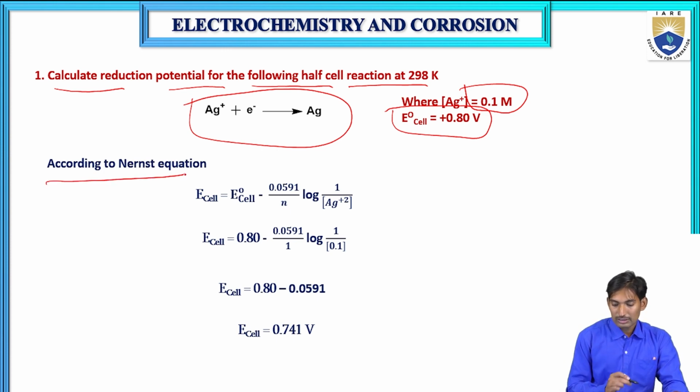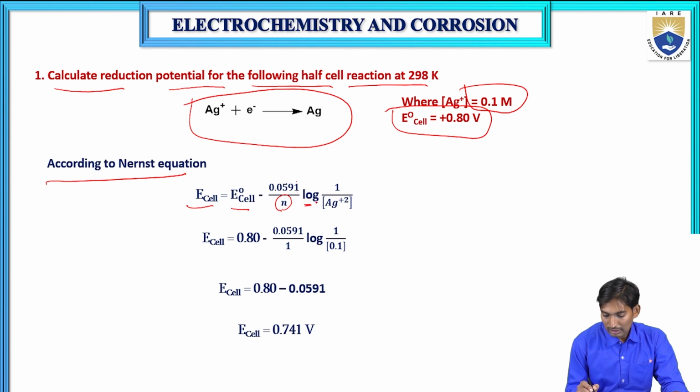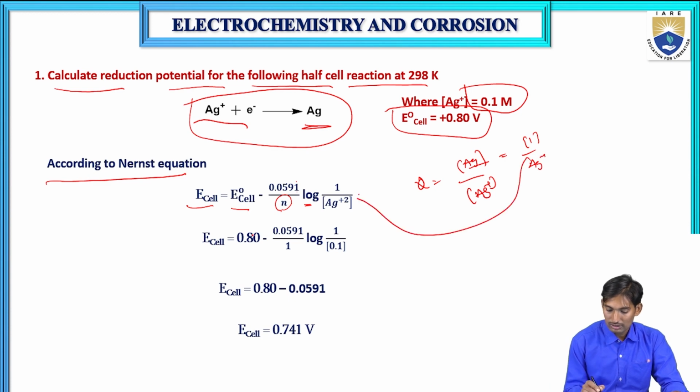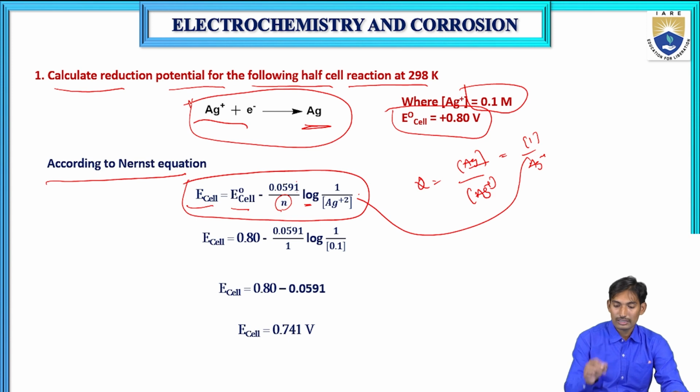According to the Nernst equation, E cell equal to E naught cell minus 0.0591 divided by n, log of the concentration of product divided by the concentration of reactant. Q equals Ag concentration divided by Ag+ concentration. But Ag is solid, so we take it as 1 by Ag+. Substitute this in the equation.